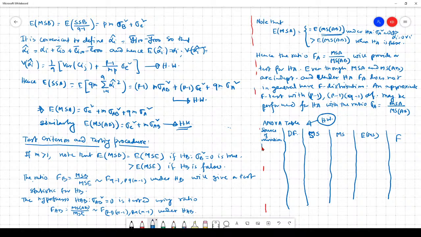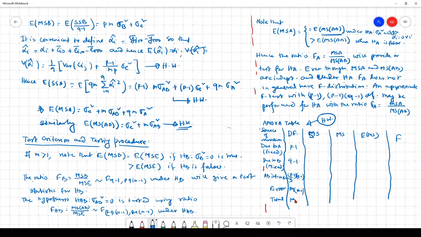So you write it. One thing I can help you: due to factor A, this is fixed. Due to B, this is mixed. AB interactions. This is error. And last one is total. So this is P minus 1, Q minus 1, P minus 1 into Q minus 1, PQ into M minus 1.